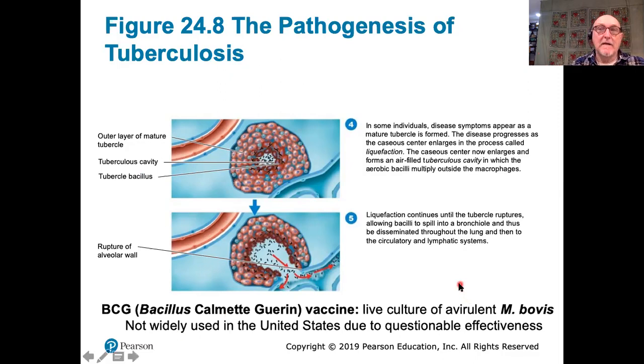And it has been used. It confers some protection in children, but it does not last. It's widely used in Europe, Africa, but is not used here in the United States. And it really has very limited impact.